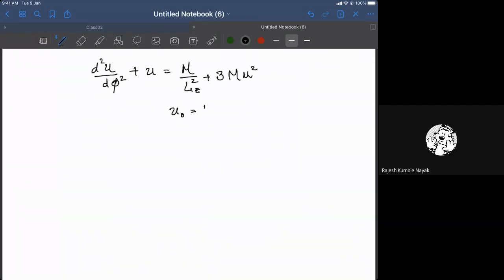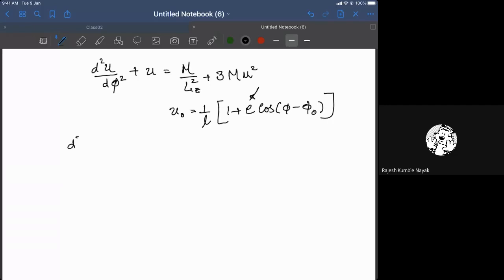Now you see that we have the u0 solution given as 1 plus e cos of phi minus phi naught. This is an alternative derivation. We do a perturbative expansion in terms of eccentricity of the orbit, and then get the solution.